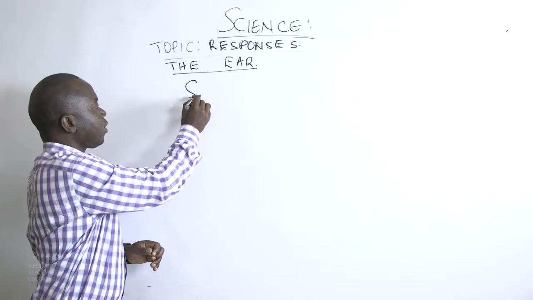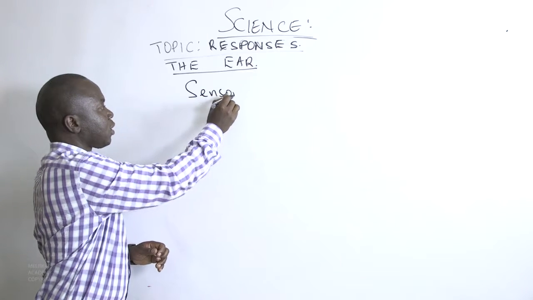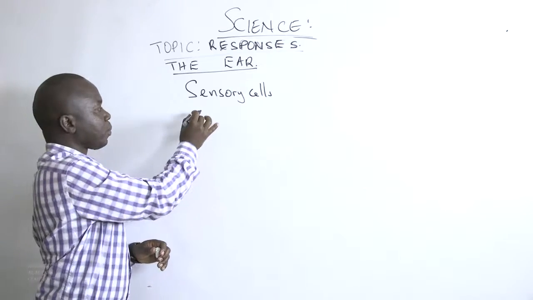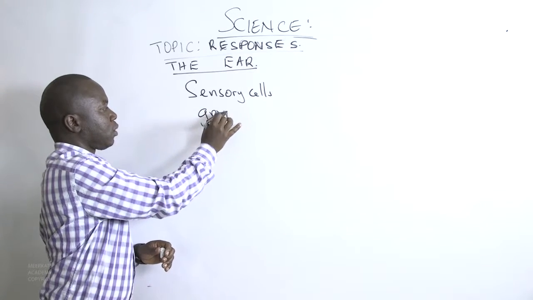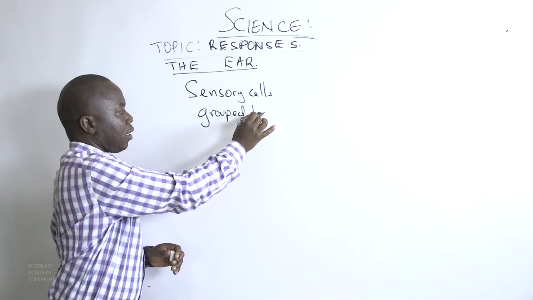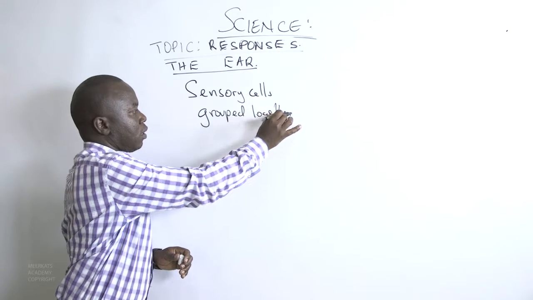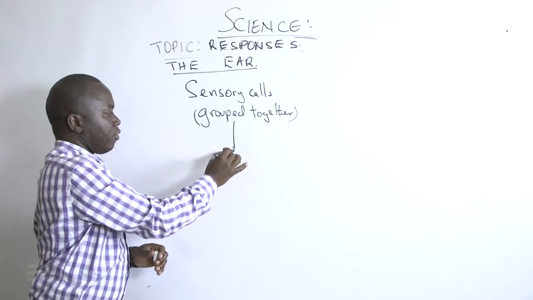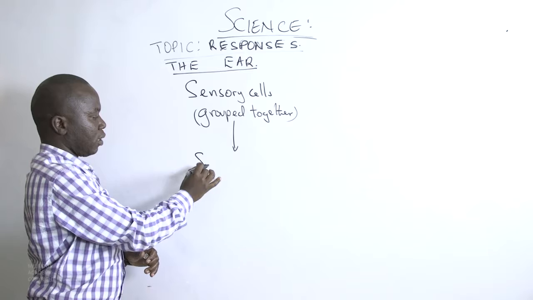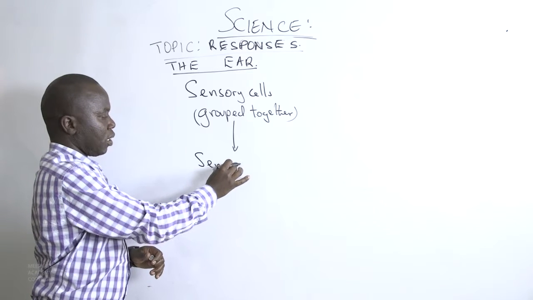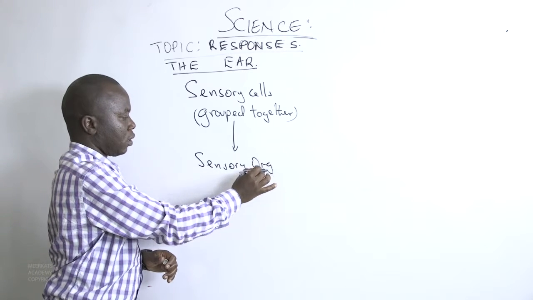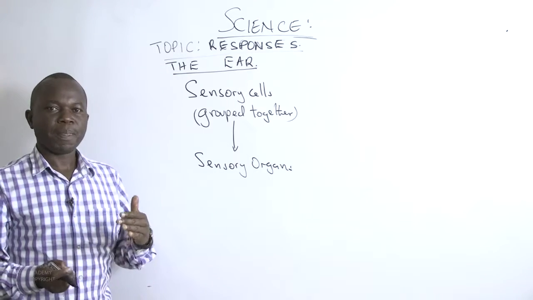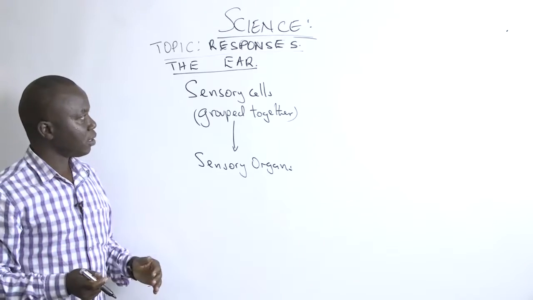So we are going to have many sensory cells, grouped together, and then they form sense organs or sensory organs. So it is these sensory organs that will detect change in the environment.